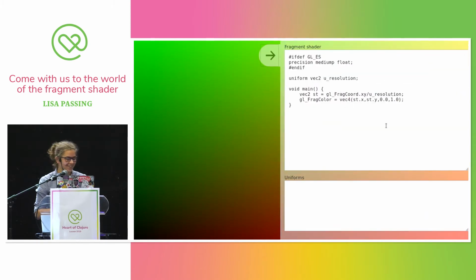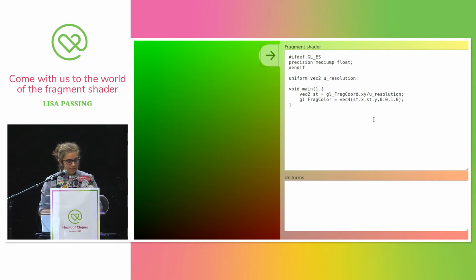So what is happening here is that this is the shader program that is causing this gradient. And what we do is this in our main function. So this is the entire program that runs for every single pixel on this canvas.